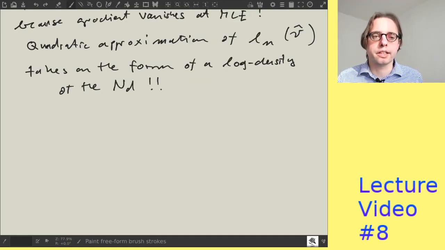So this leads directly to the following theorem.